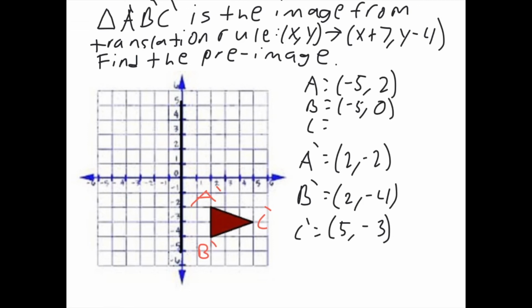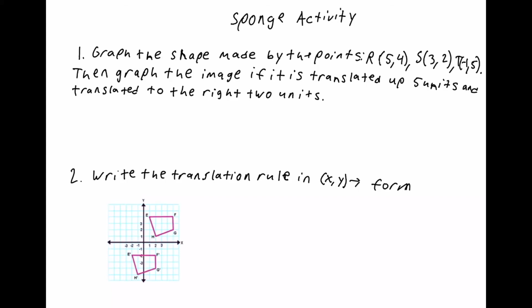And for C, C prime was 5, so subtract 7 to get negative 2. And the y-coordinate was negative 3. Add 4 to get 1. And we have our coordinates. And all you would have to do after here is just plot the points and make your final triangle.